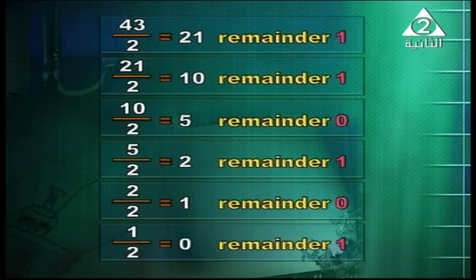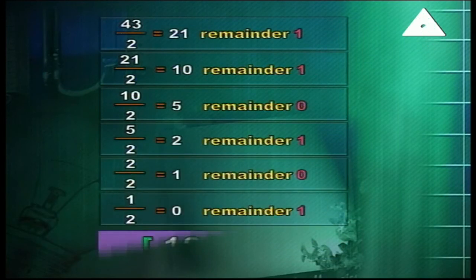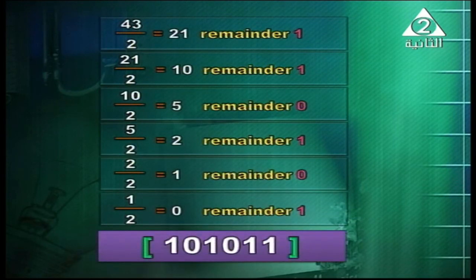And 1 over 2, we don't find any 2's in 1, so it will give 0, remainder is 1. Your attention, please, to observe how we will write the number. It will be 1, 0, 1, 0, 1, 1 to the base of 2.